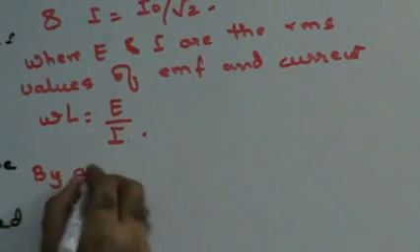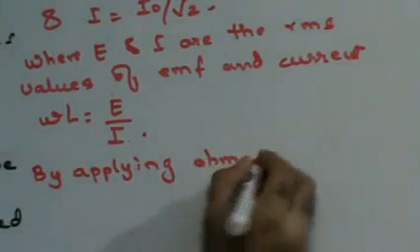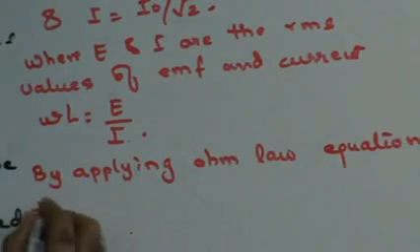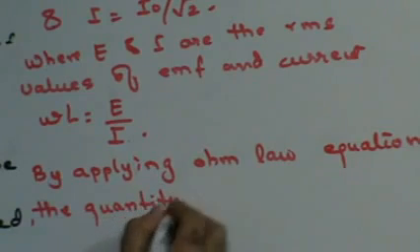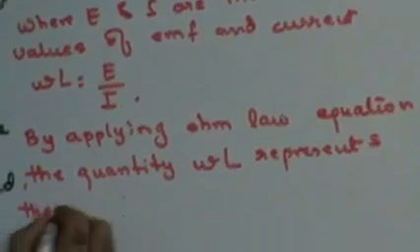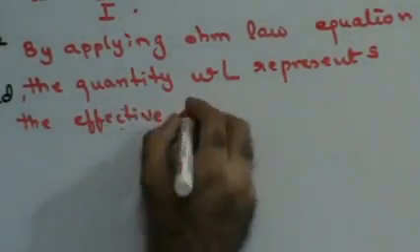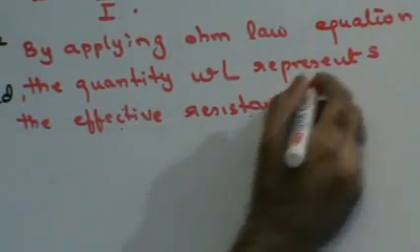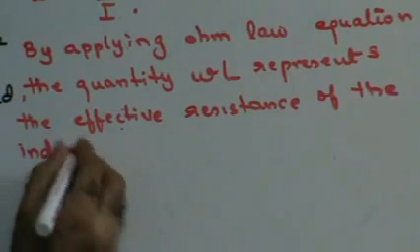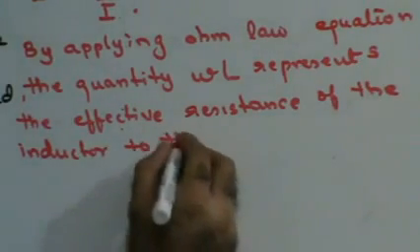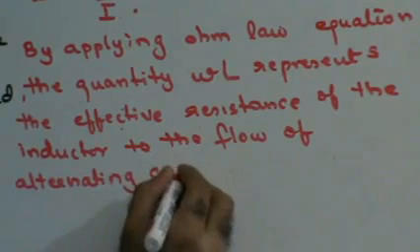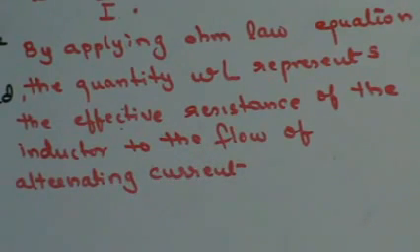By applying Ohm's law, the quantity omega L represents the effective resistance of the inductor to the flow of alternating current, like how a resistor offers opposition to the flow of direct current.